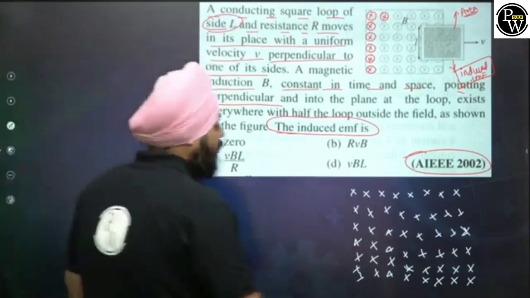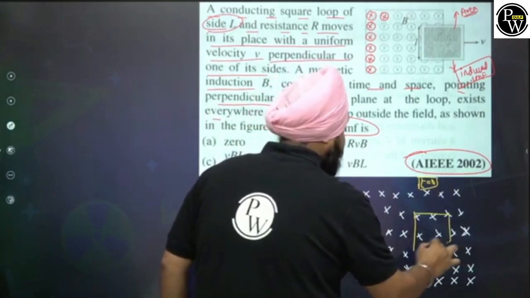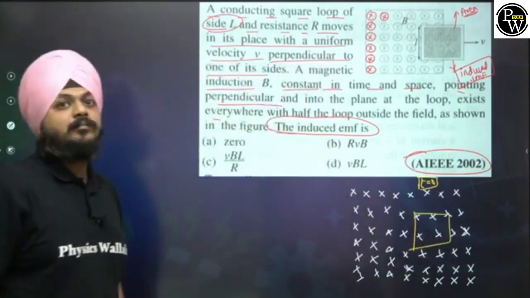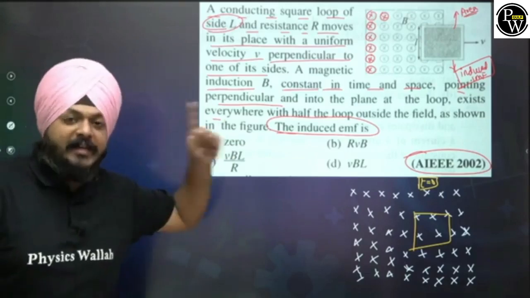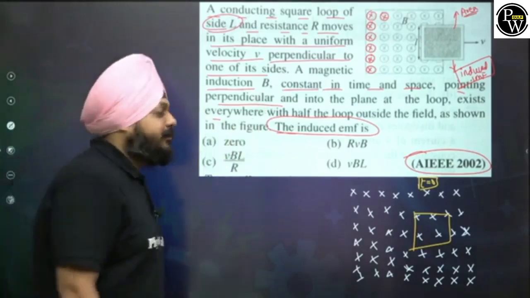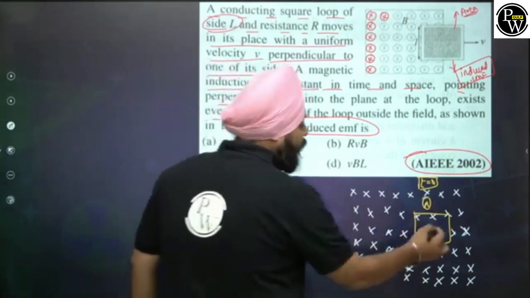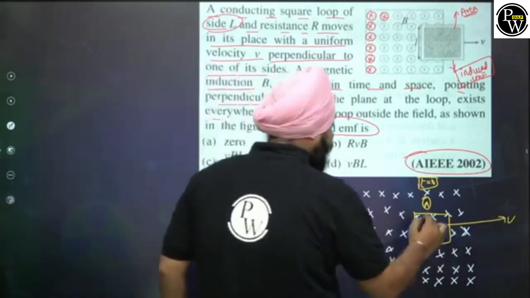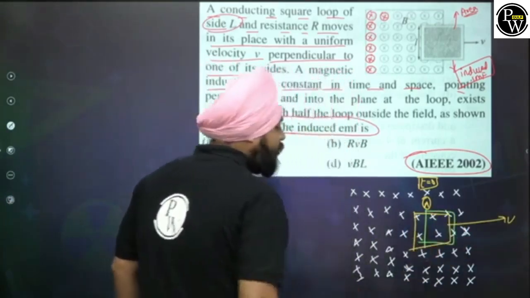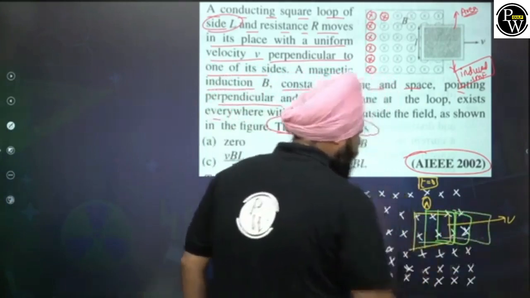Now, at t is equal to 0, suppose the loop is at this position. The area of the loop inside the magnetic field is A. Now it is moving this side with the velocity v. After some amount of time, the loop will be at this position, and then at this position.